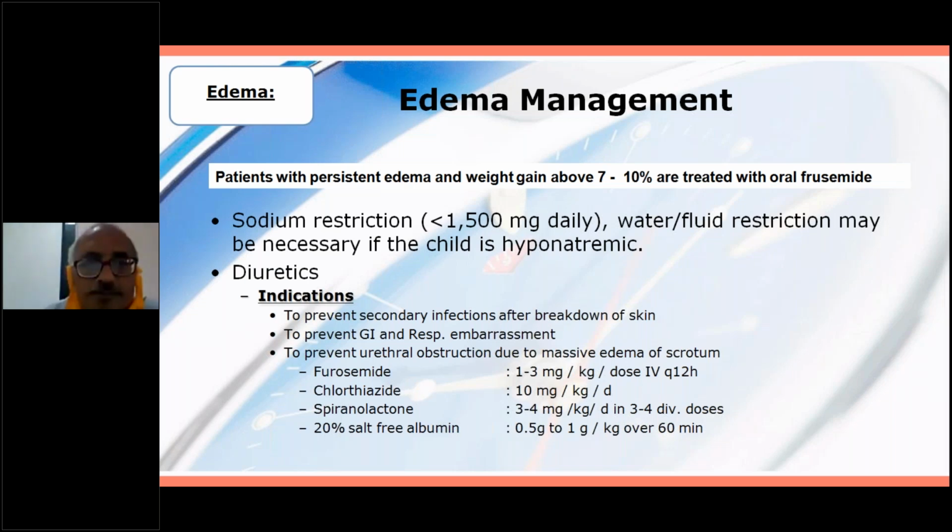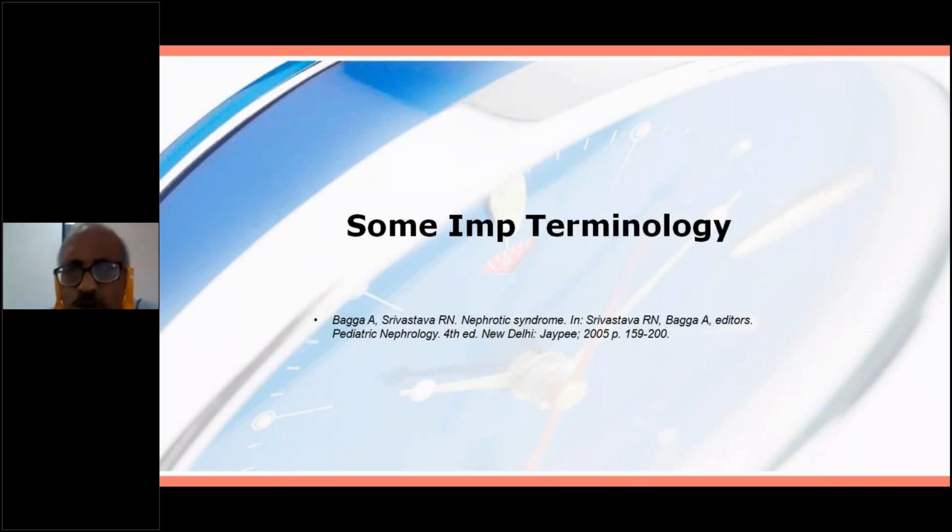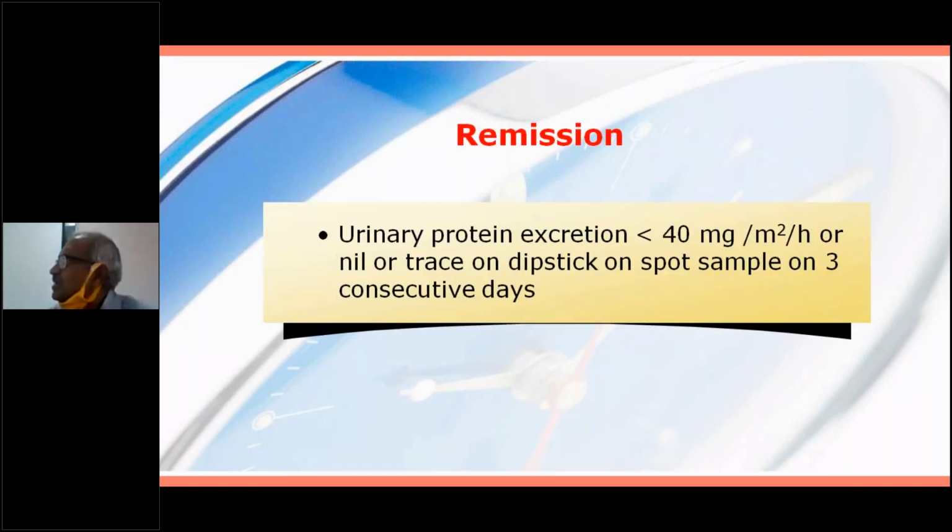Then some important terminology. This is very, very important whenever you go to the clinics on nephrotic syndrome. What is remission? Remission means urinary protein excretion less than 40 milligrams per square meter per hour for 3 consecutive days. Only then has remission happened. You must know these definitions by heart, because examiners will usually ask these questions.